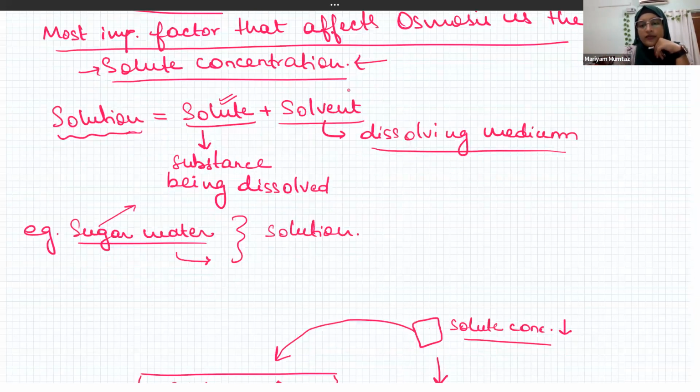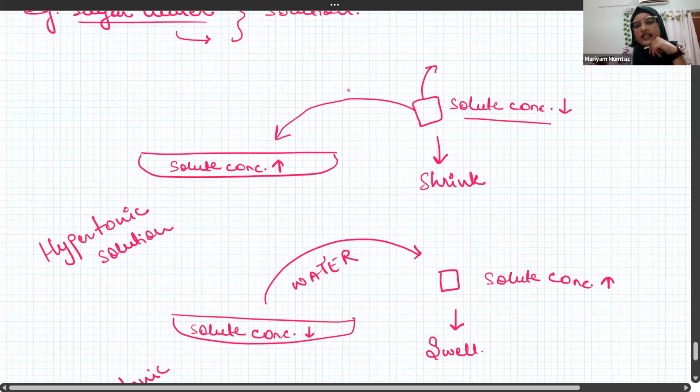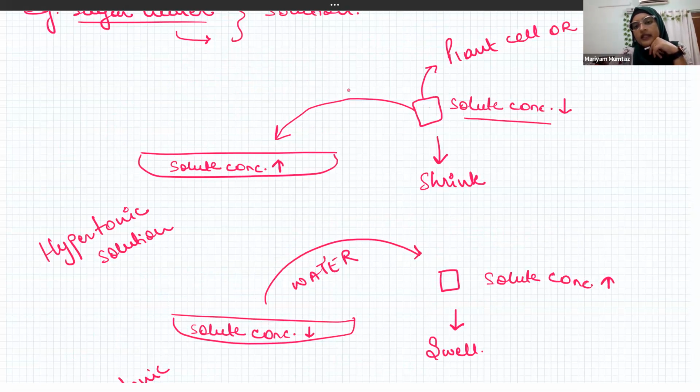Okay, so when we place a plant cell, or it can be an animal cell, inside a solution wherein the concentration of the solute is very high and the concentration of the solute in the cell is low, it means that the concentration of water in this medium is low and it is higher in the plant cell.